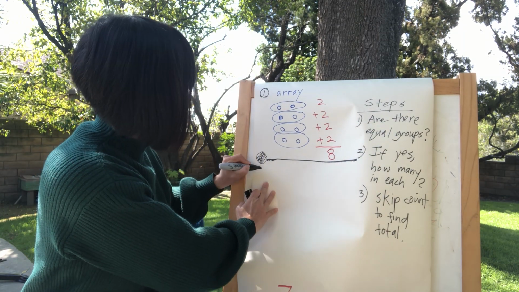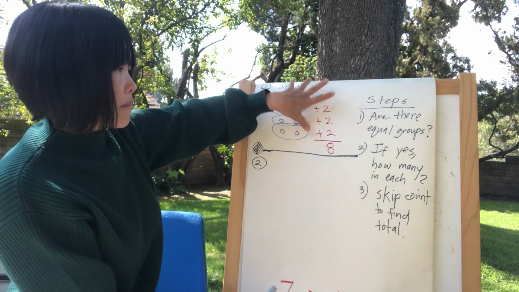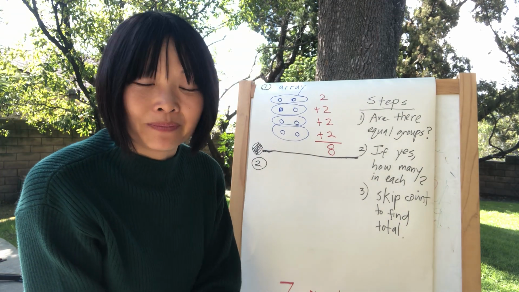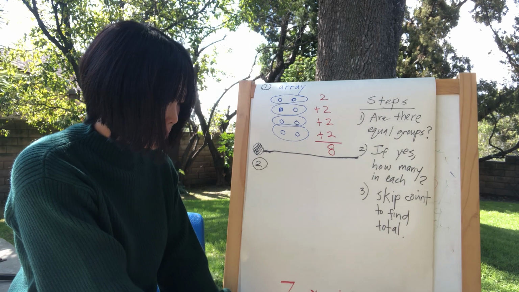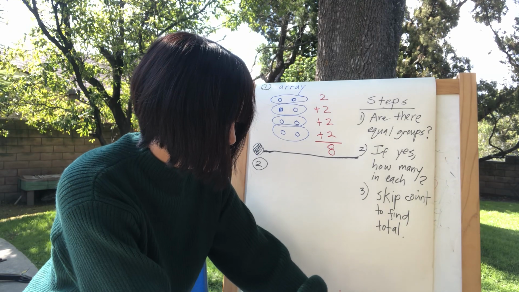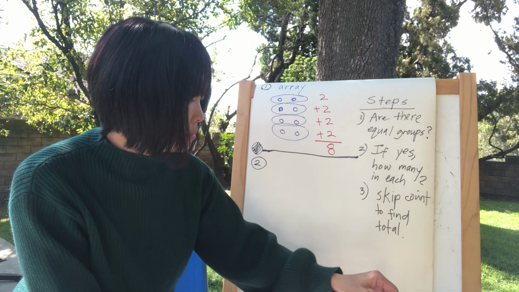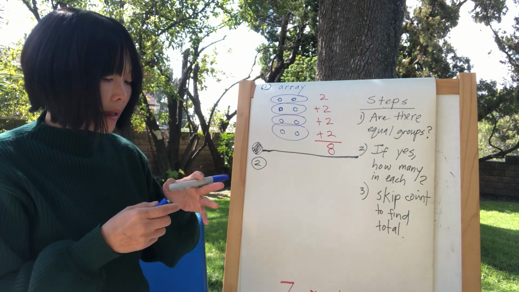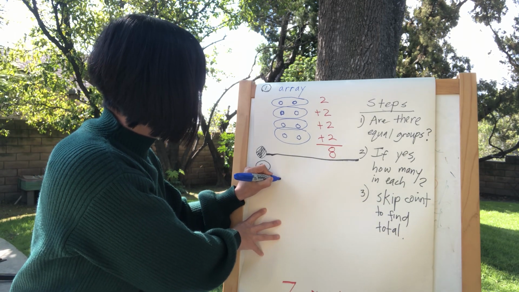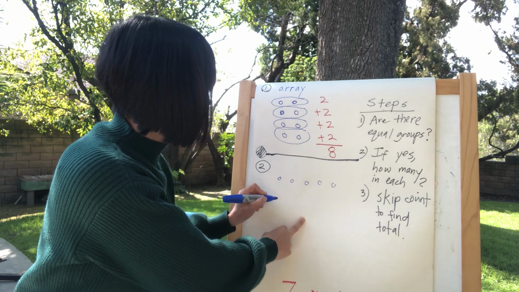Model 2. Here is Model 2. Just in case, another word for model is example. Here's another example. Here's the first group. 1, 2, 3, 4, 5.